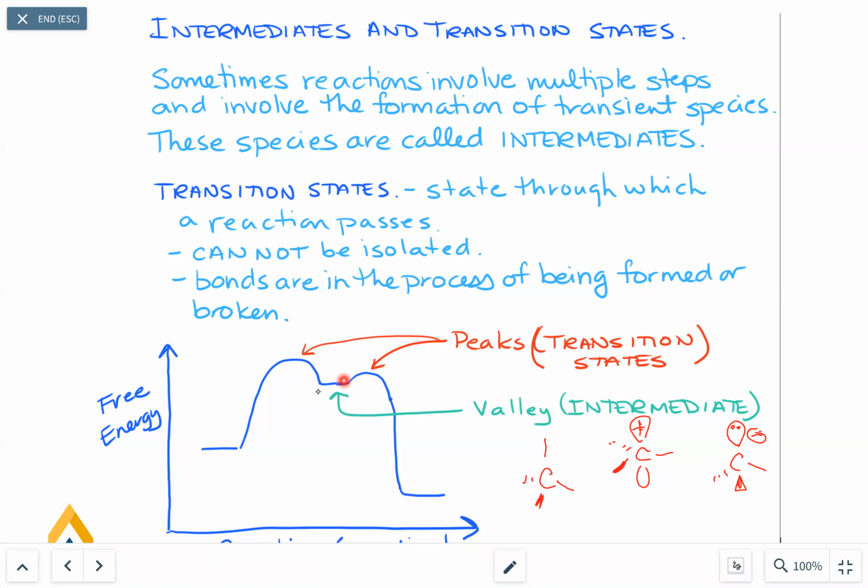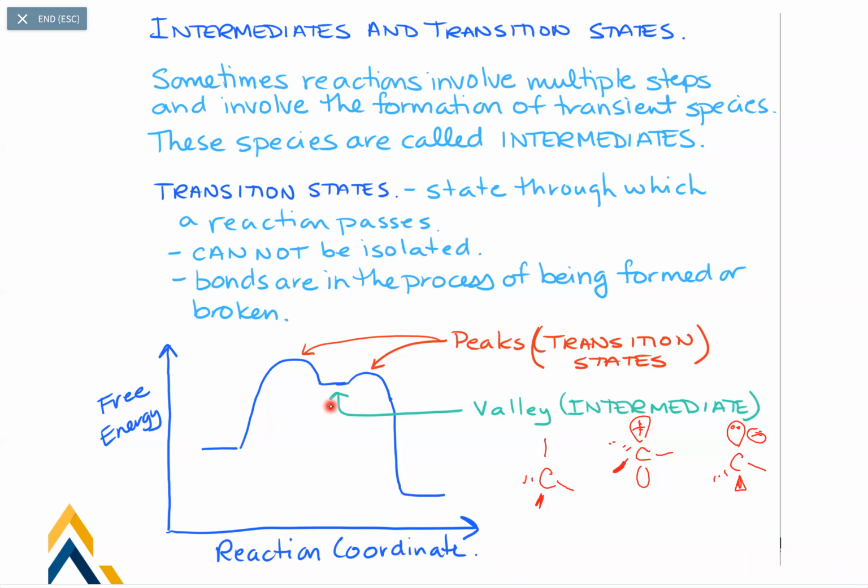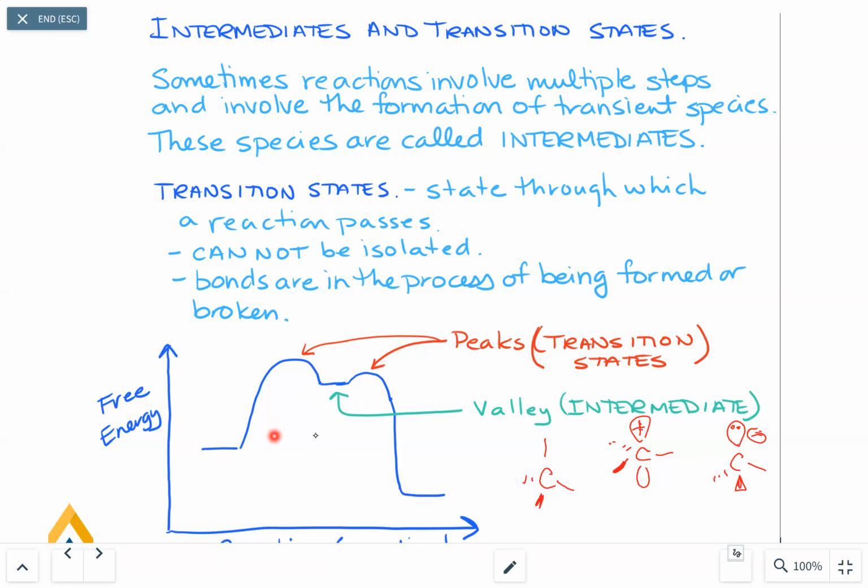So intermediates are often higher in energy for our little processes which are going on. Now, it's true, I can't think of an example, but maybe in some biochemical process when you're using an enzyme, an intermediate might be lower. But I can't think of one in chemistry, in all honesty.